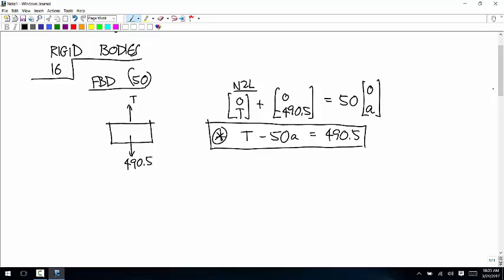Well, that mass, we will treat the pulley as a rigid body, but the mass we don't have to. It doesn't add anything for us to treat that as a rigid body because the orientation doesn't matter.